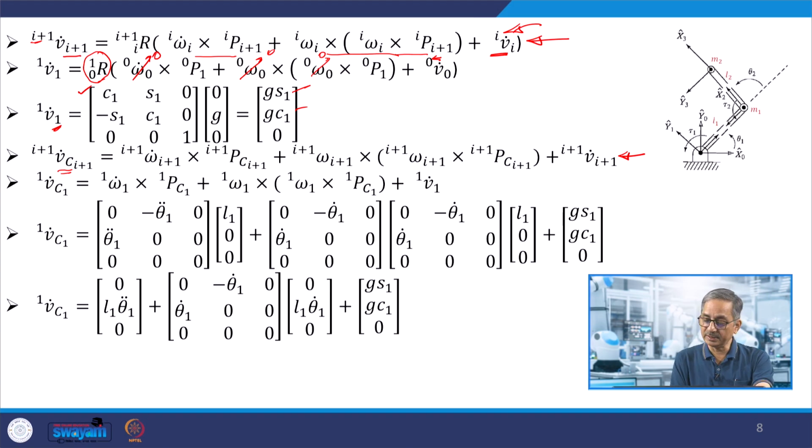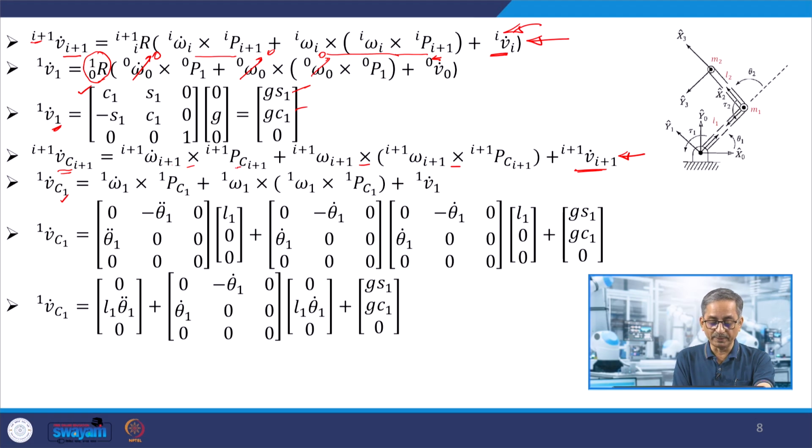Here, the acceleration of the CG of the i plus 1th frame is actually the acceleration of the i plus 1th frame, plus again you are going to have 2 cross terms over here, and there is 1 cross term involving the angular acceleration of the i plus 1th frame. Now if I put i equal to 0 here, this is what I get: V c 1 1, and here I have omega 1 derivative expressed in terms of the first frame.